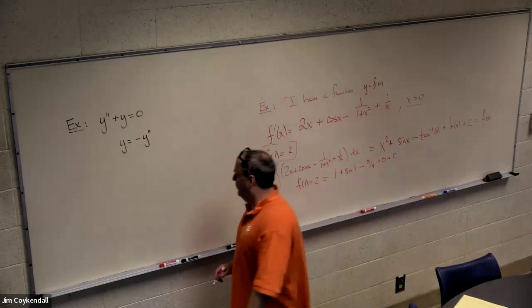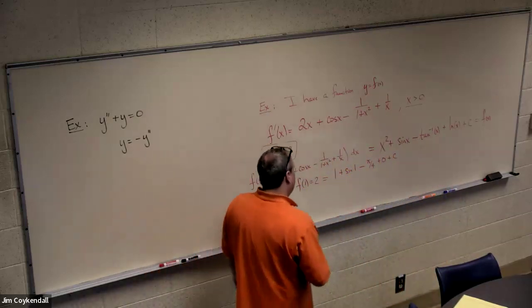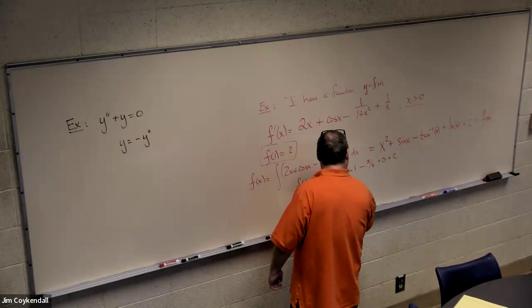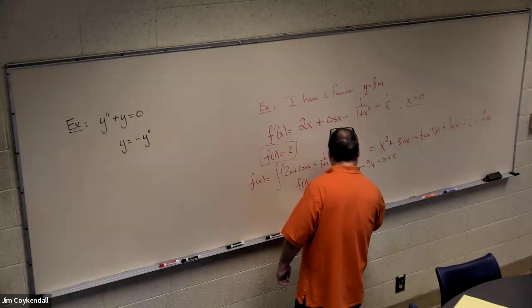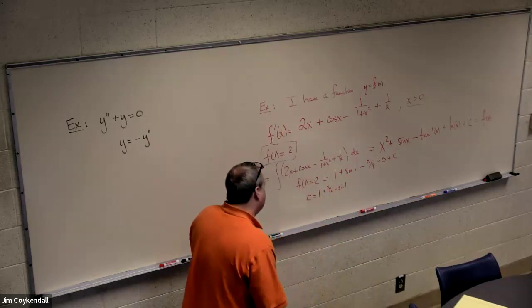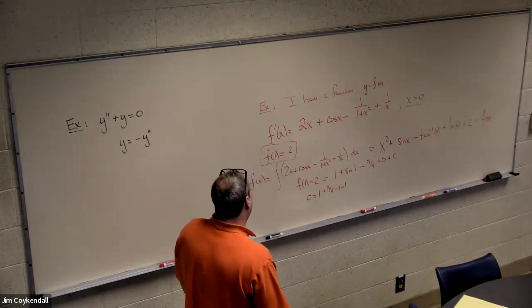And now I can solve for c: c is equal to one plus pi over four minus sine one. That's a crazy c, but it's constant nonetheless.